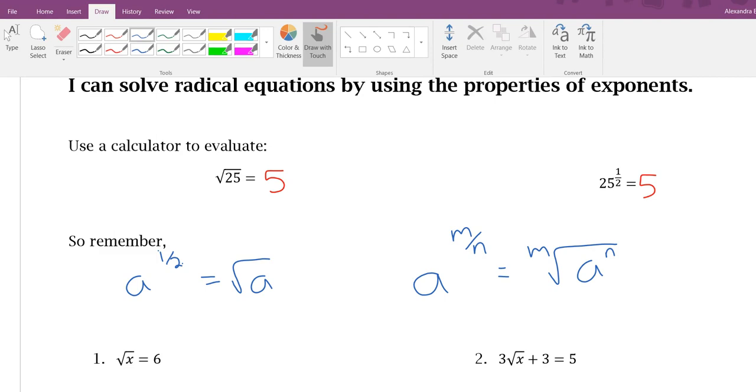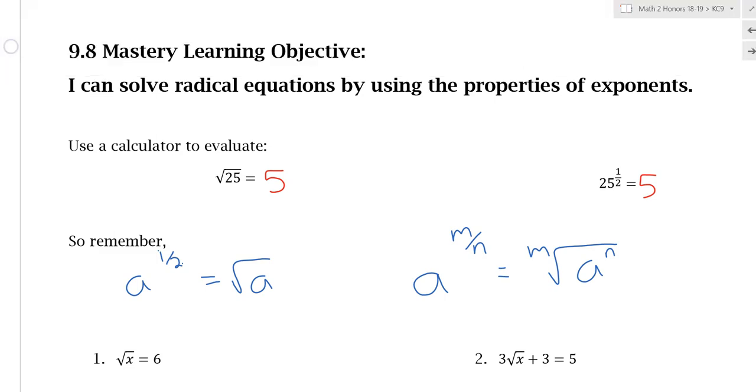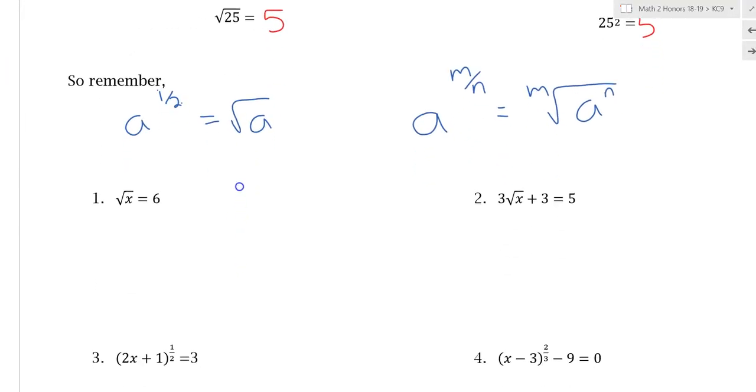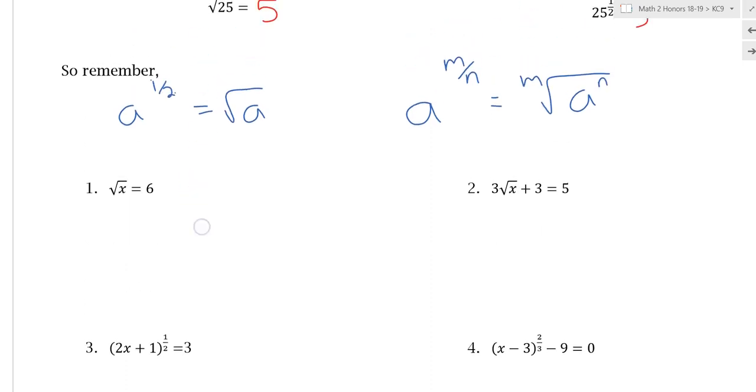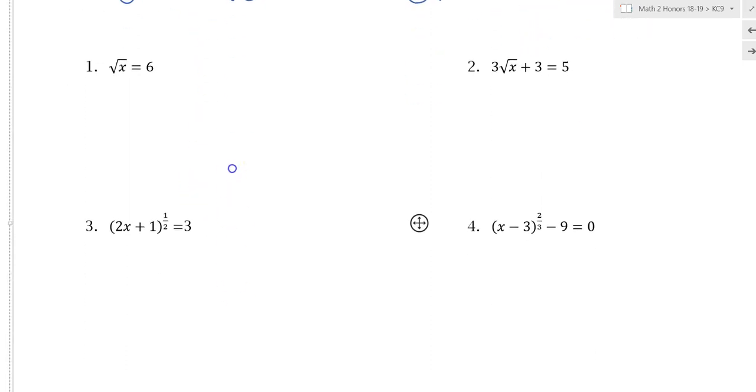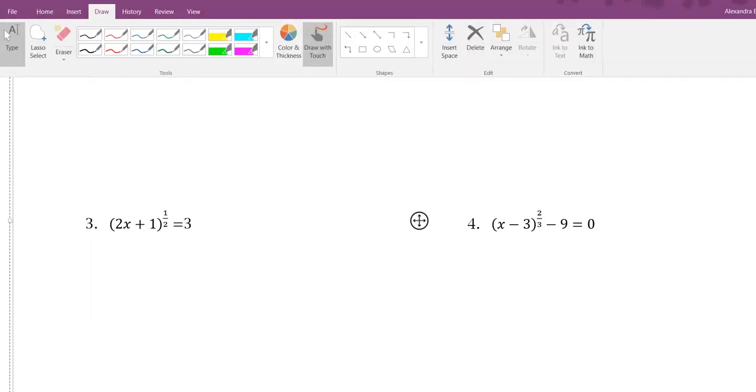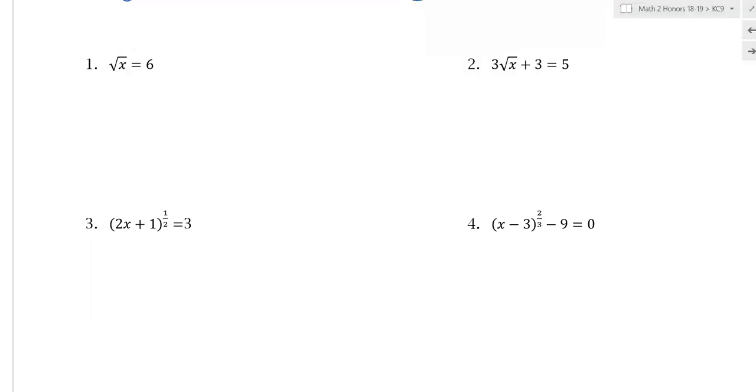Okay. So when we are solving radical equations, we always want to switch it to these fraction exponents first, okay, because then I think it's easier to see what to do. So for example, the square root of x equals 6. We know how to solve that. We know, like, if I have the square root, I can do the opposite by squaring something.